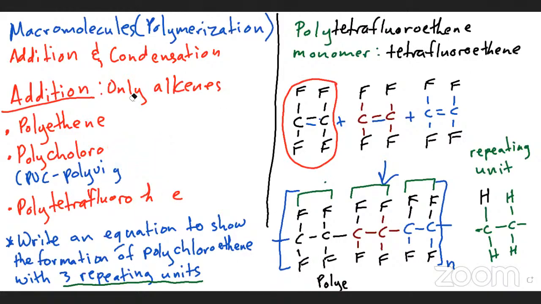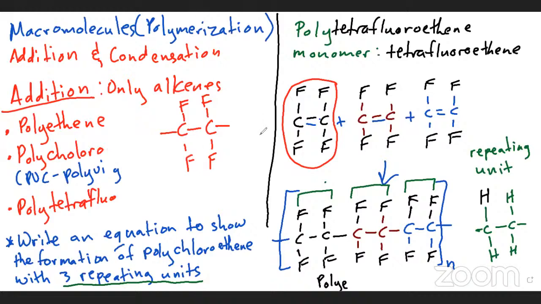So for your alkenes, whatever monomer you have, you break the double bond, put one line in front of the carbon and one line behind it. Everything else stays as is. And you will do that for any alkene monomer. This is how you get your repeating unit.